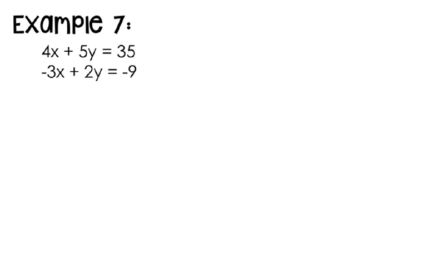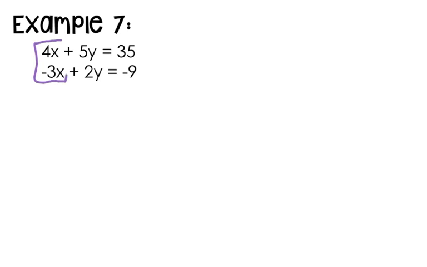All right, so when we look at this next example, we're going to notice again that we do not have factors of the other. So we need to figure out what we're going to use to multiply. Again, I like to choose the smaller numbers, but 5 and 2 would create 10, and that is technically a smaller number than 12, which is the 4 and the 3.